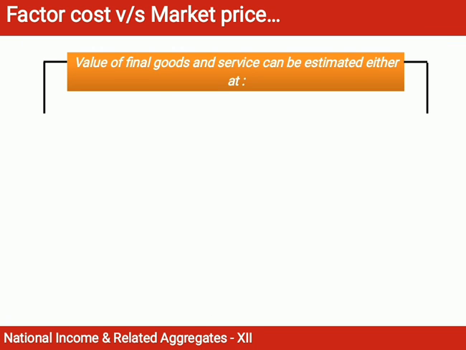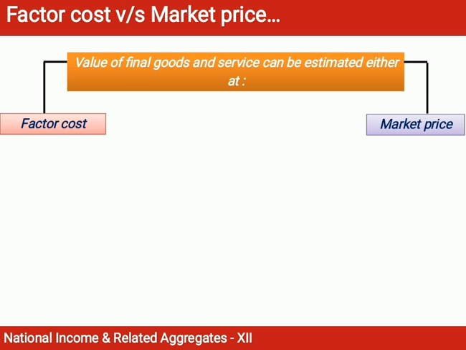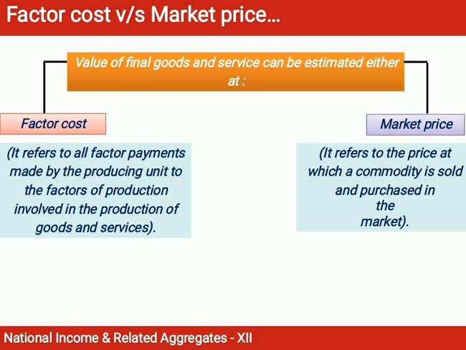Our next topic is factor cost and market price. What is the meaning of factor cost in economics? Factor cost refers to the amount paid to factors of production for their contribution in the production process.